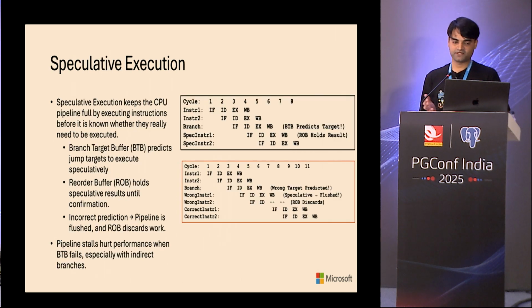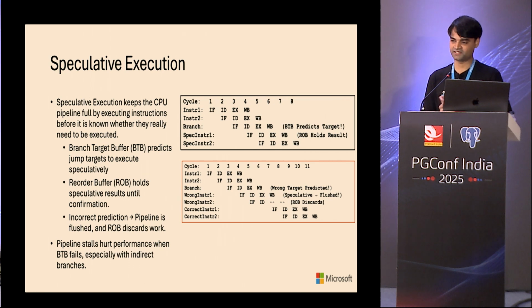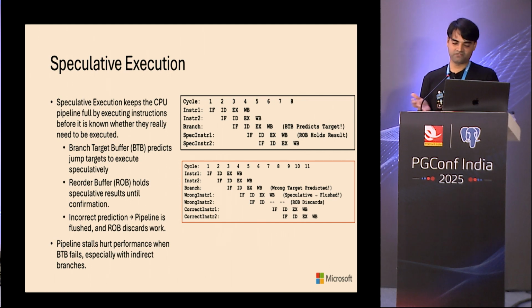The next aspect of CPUs is speculative execution. I mentioned that CPUs would like to keep their pipeline full. Programs are not always sequential; you always see if conditions, and for loops have conditions. On each loop you check a condition to see if you should break out of it or not.